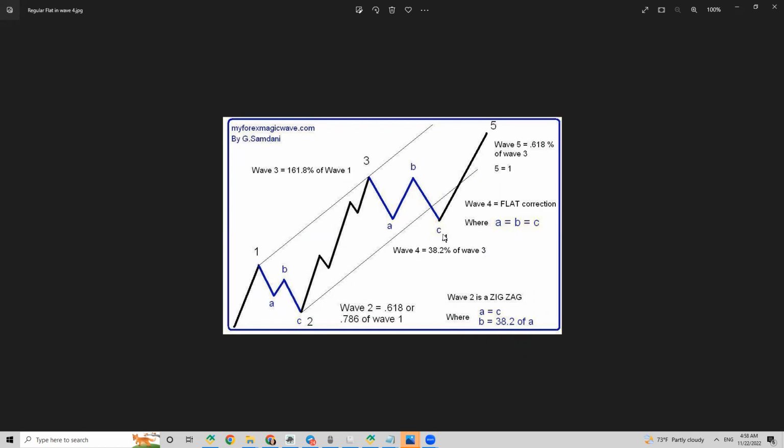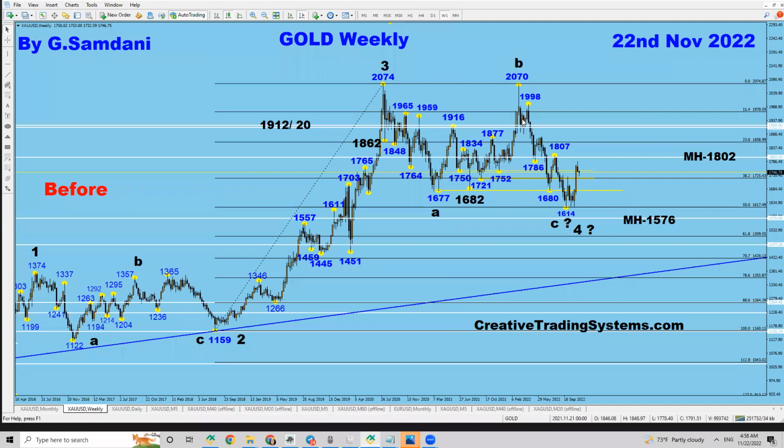C usually goes a little bit more than A. Usually it's around 38%, but sometimes it goes to 50%, and that's the case here. It came down a little bit more to 50% of wave 3, because from where 2 ended, wave 3, A, B, and C came down a little bit below A. Instead of 38%, 50%, and from there on we are bouncing.